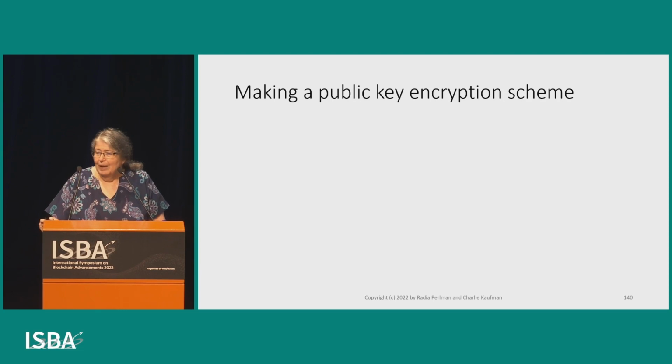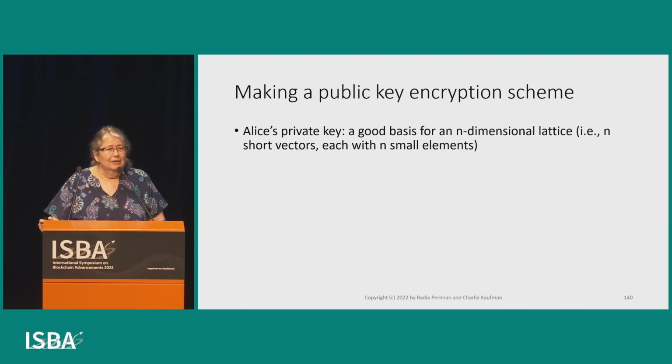So how do you make a public key encryption scheme with this? Well, Alice can define a lattice by choosing a bunch of basis vectors that are small. Just imagine picking small numbers, and she manages to get a basis. That is her lattice.